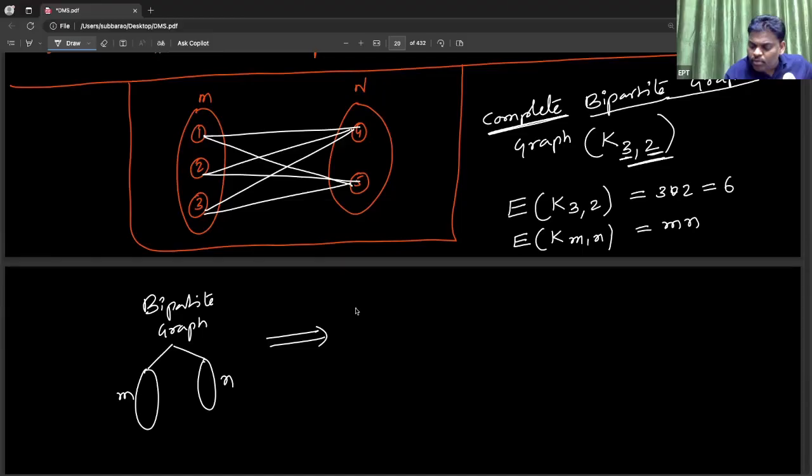Minimum edges how many? Remember, it is a bipartite graph where left contains M people, right contains N people. Minimum edges: I think between M and N, no edge there, 0. Maximum edges how many? Because it is bipartite, maximum is complete. So MN.